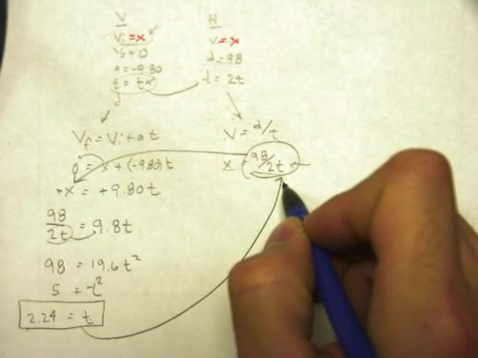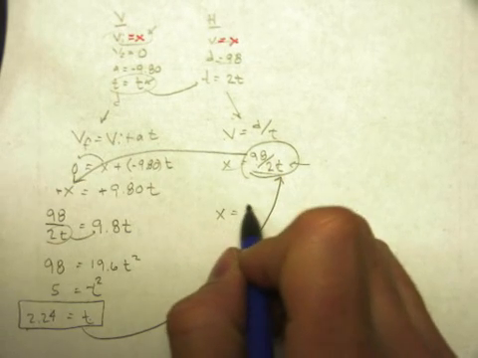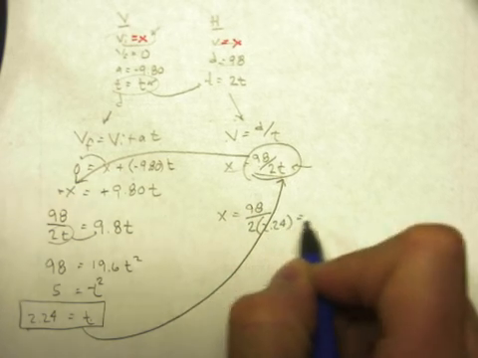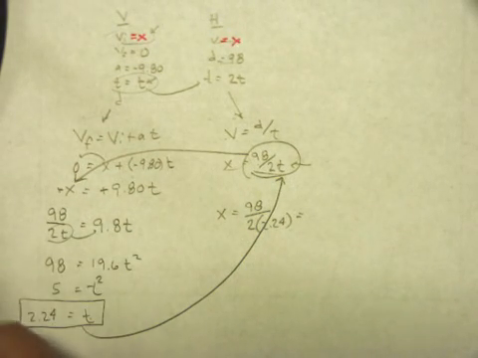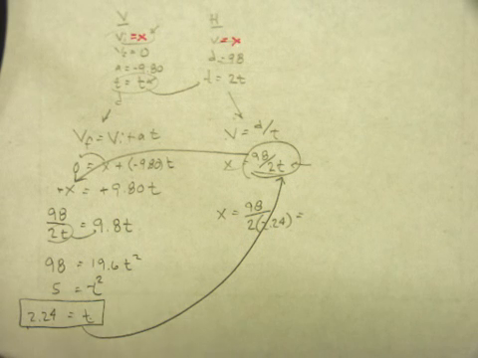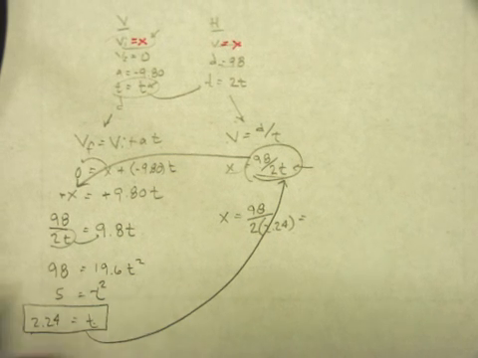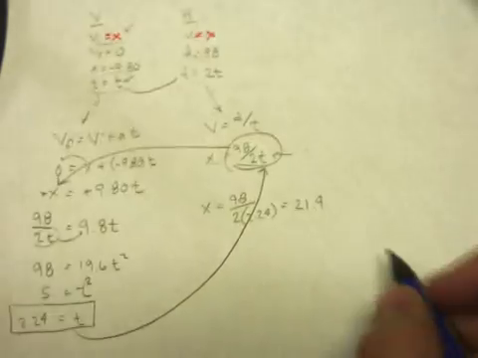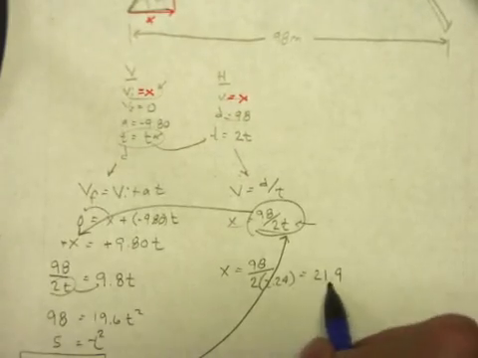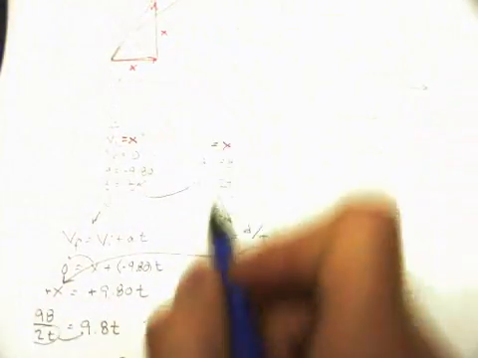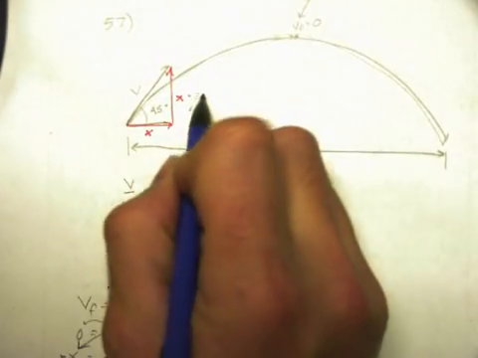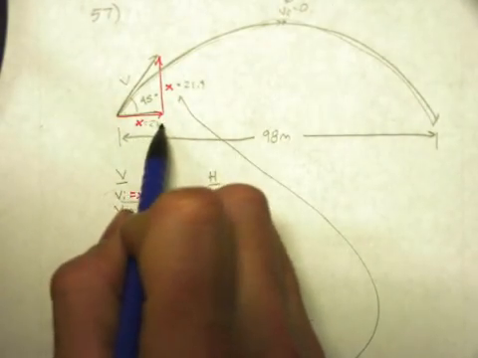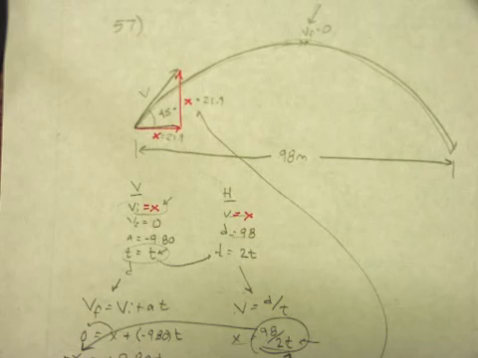I'm going to take this back into here, and I'll say x is equal to 98 divided by 2 times 2.24. If I take 98 divided by 2 times 2.24, I get 21.9. And that's what x equals. So this x that I just solved for, I'll put back over here. This is 21.9, and so is this. So I know both of these pieces.